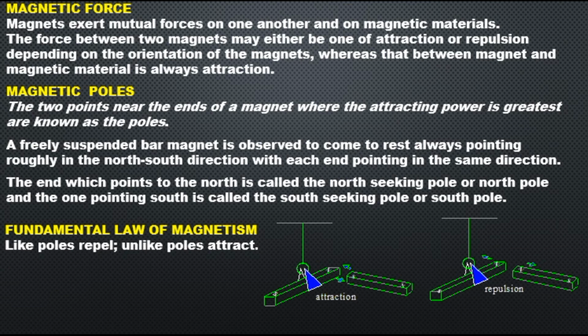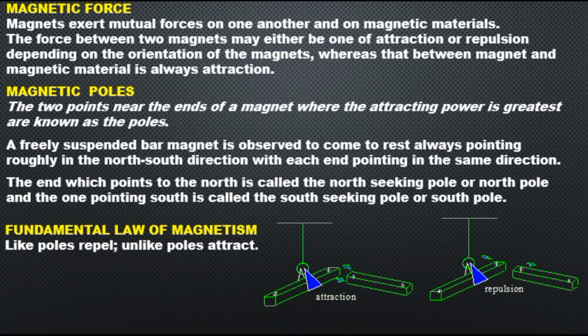Magnetic poles. The 2 points near the ends of a magnet where the attracting force or power is greatest are known as the poles. A freely suspended bar magnet is observed to come to rest, always pointing roughly in the north-south direction, with each end pointed in the same direction.